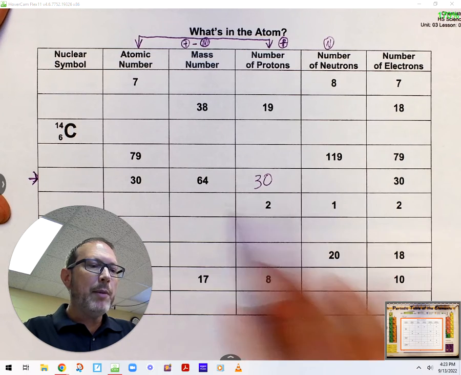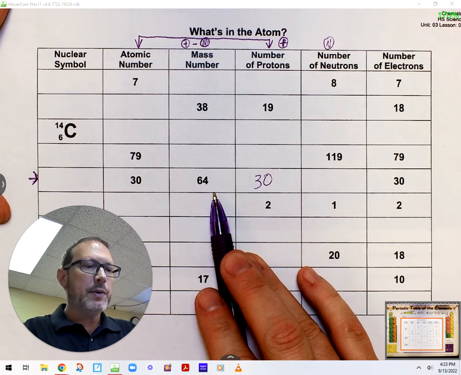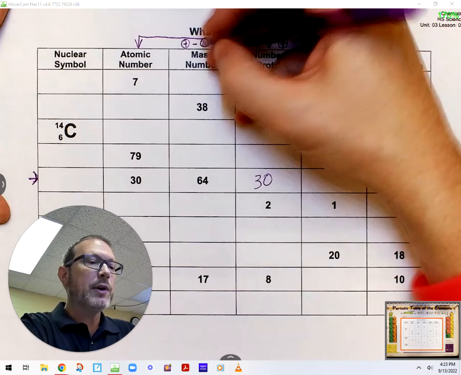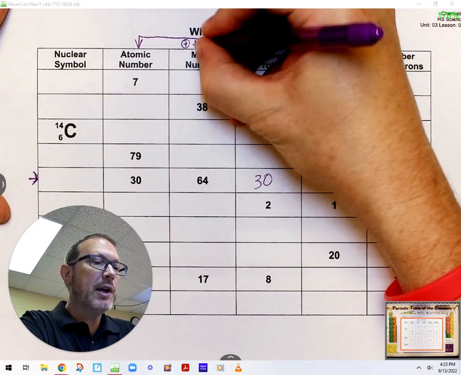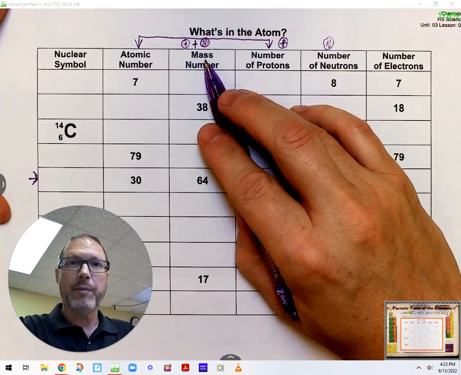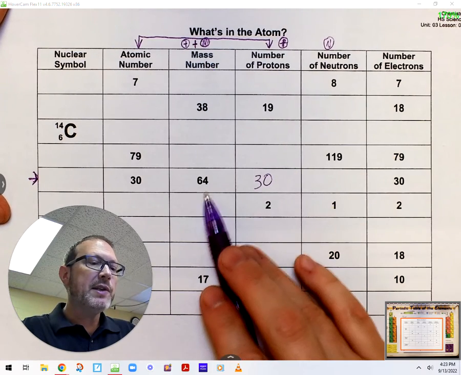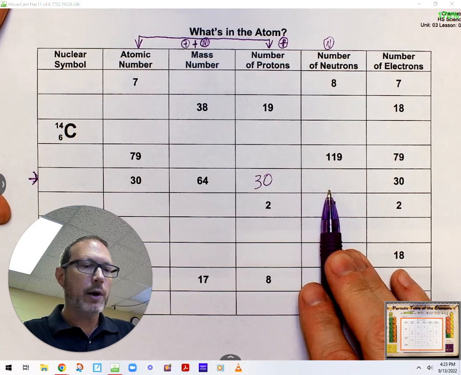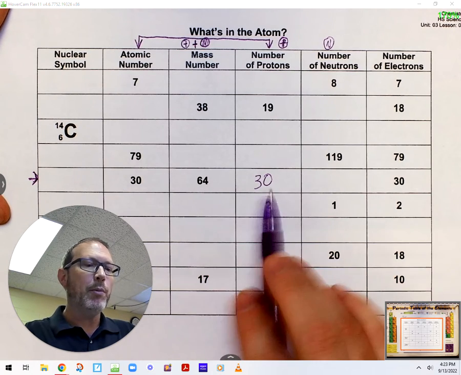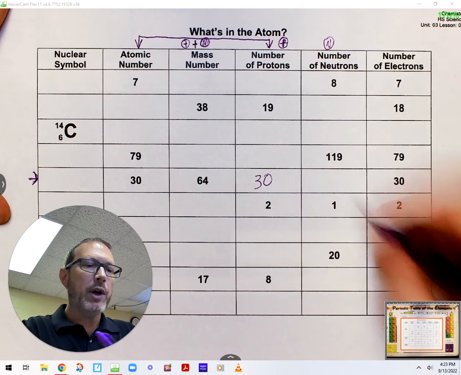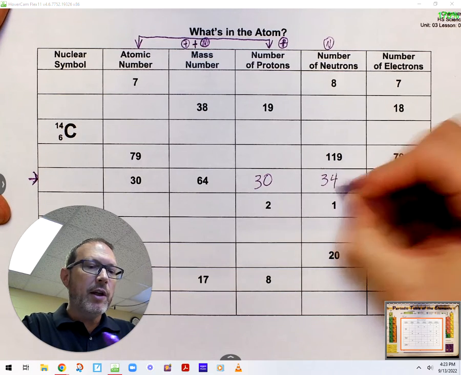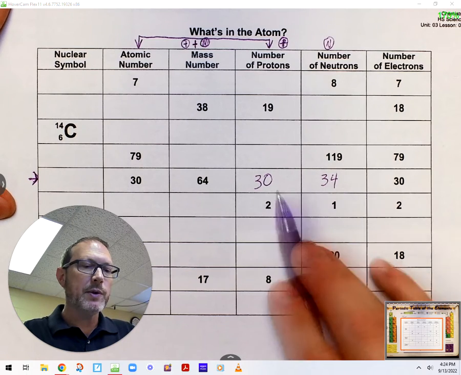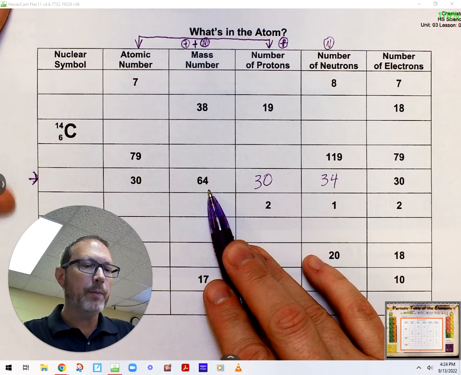I know that my mass number is going to equal, I told you a minute ago, mass number is not protons minus neutrons, mass number is protons plus neutrons, my mistake. So I know that this 64 is equal to 30 plus whatever is in this blank right here. So if I do 64 minus 30, I end up with 34 for my number of neutrons. And I can double check that because those two add up to give me a total of 64.